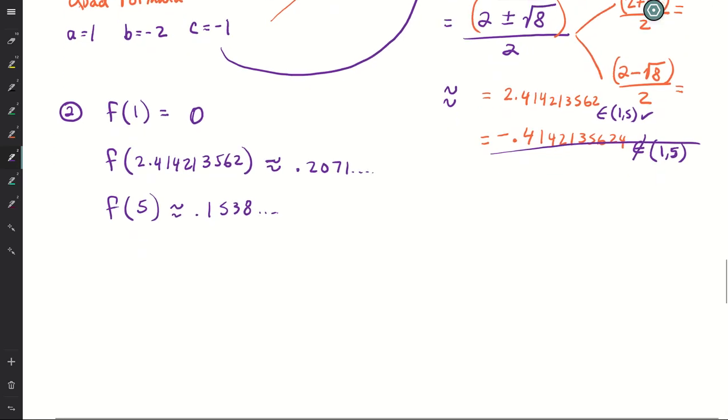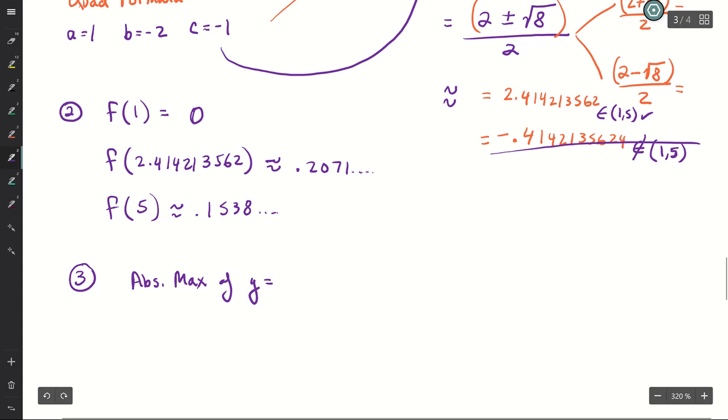Okay, so here, as the third step, we're going to actually write our answer down. This will be the point where it's okay to actually round our answers. So we're going to say we have an absolute max of y equals, all right, what's the largest that we have? It looks like this value. So at this point, let's round to the nearest tenth. So it'll be y equals 0.2 at x equals, and we're going to go ahead and round at this point as well.